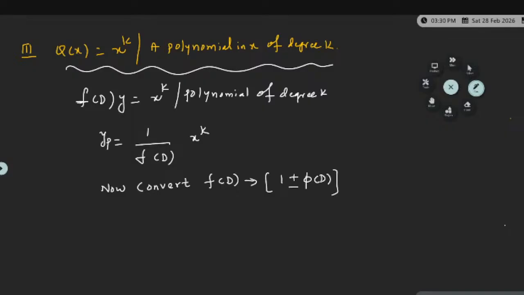What is the first step? You must convert. Here, what is the denominator? What is the denominator? F of D.